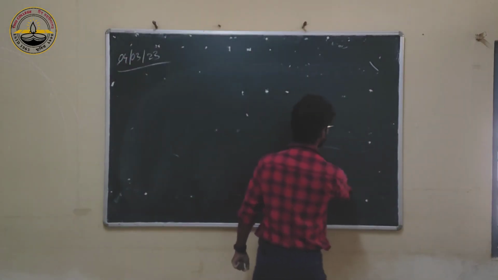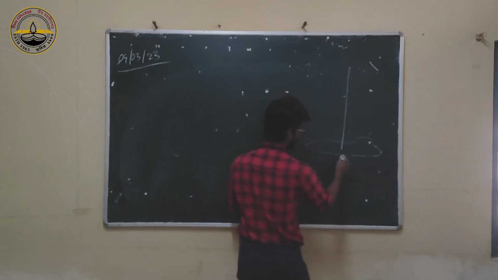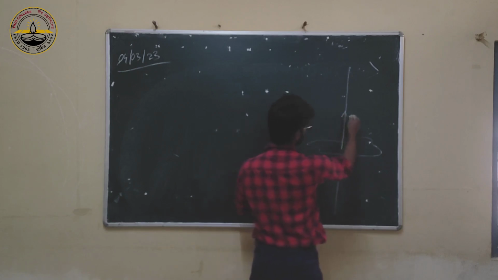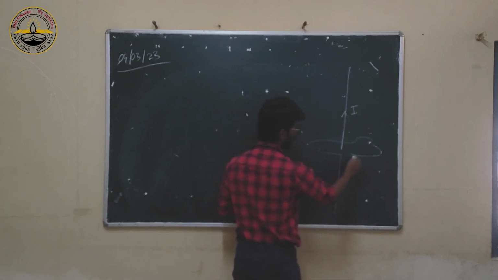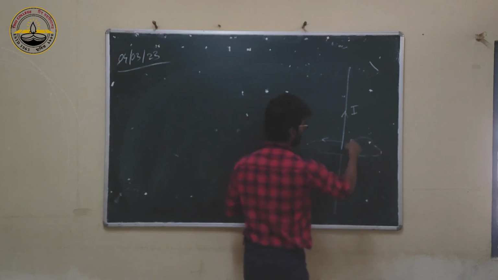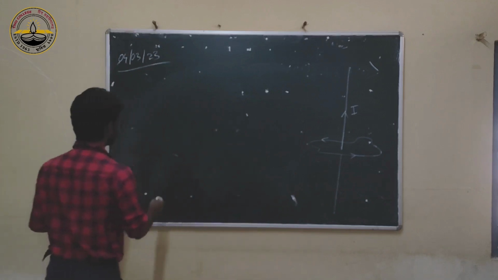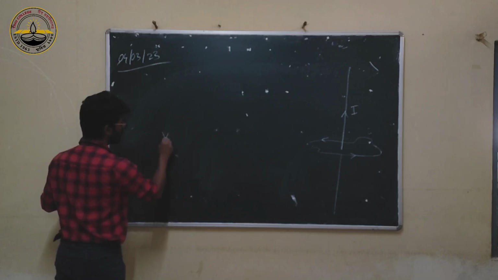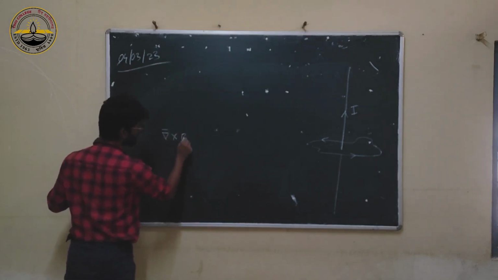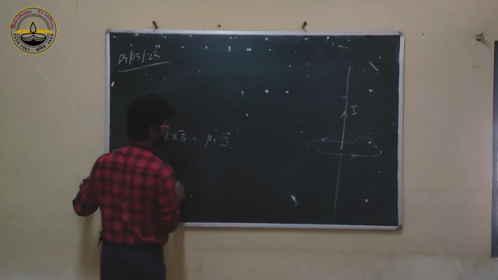We have seen that for any infinite wire with current I, if we take any loop around it of any shape, then this is true: del cross B equals mu naught J, right?